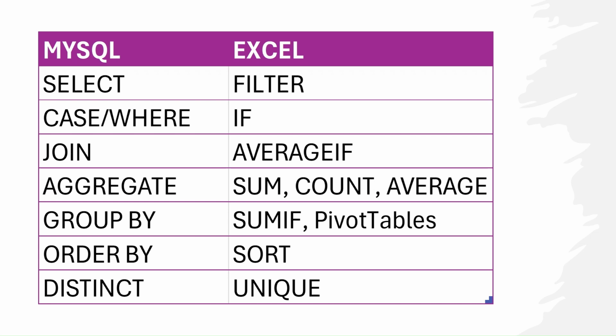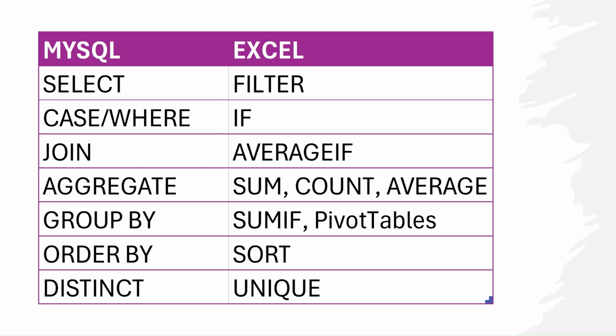So in closing, 7 functions that work just like SQL commands. We have select and filter, which do the same thing in their individual tools. Case and IF do the same thing. Join and lookup, they are twins.